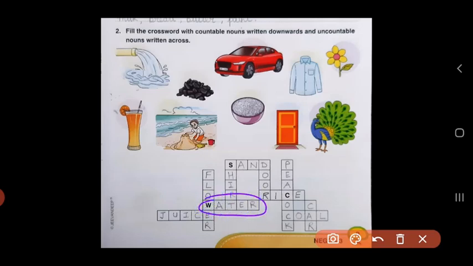W is for water, which is uncountable. So write down water. Now E over here. This is juice and juice is uncountable. So here your puzzle will have juice.